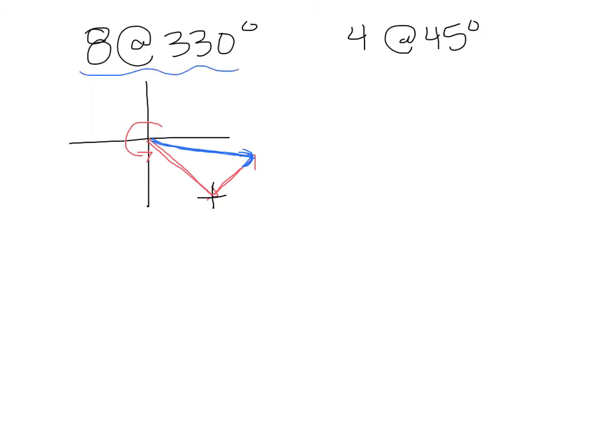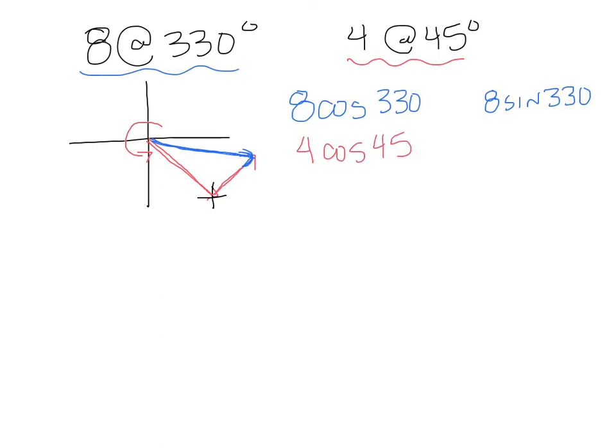So for the first vector, the x component is going to be 8 cosine of 330. And the y component, I'm running out of space, is going to be 8 sine of 330. And then for our other vector, we're going to have 4 cosine of 45 degrees, and 4 sine of 45 degrees.